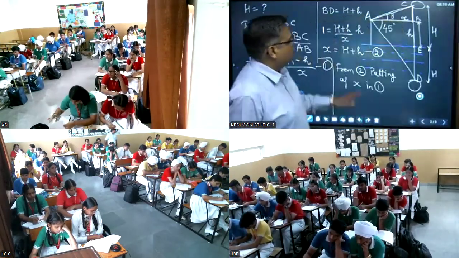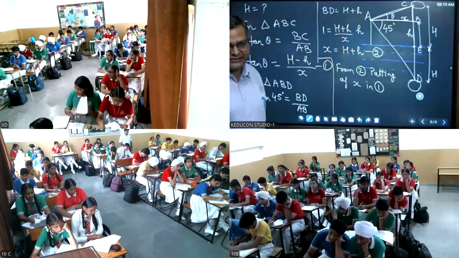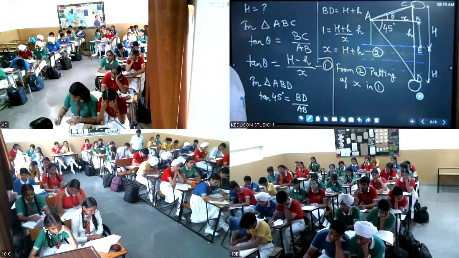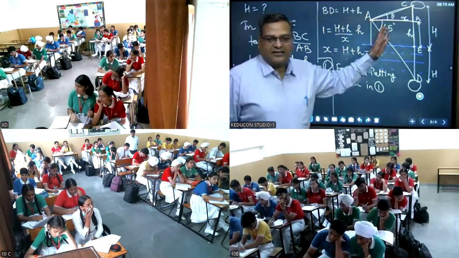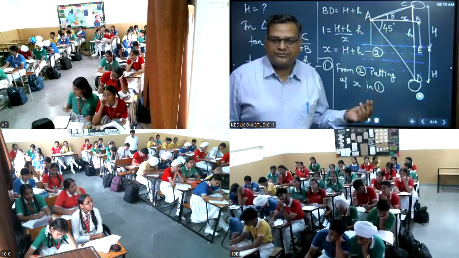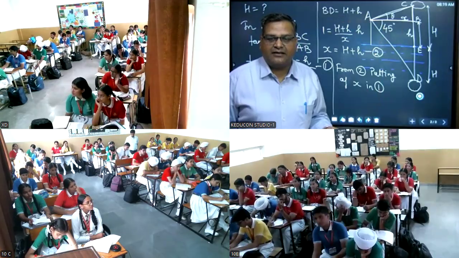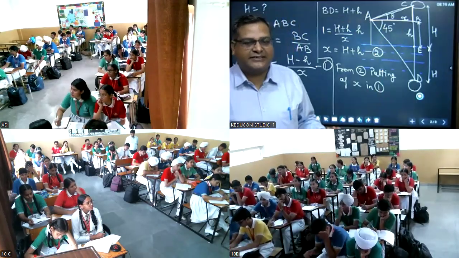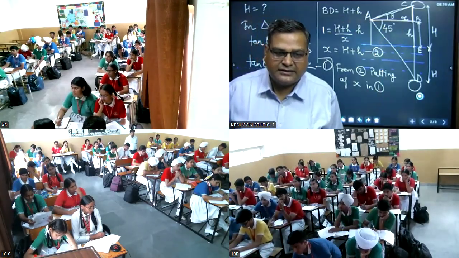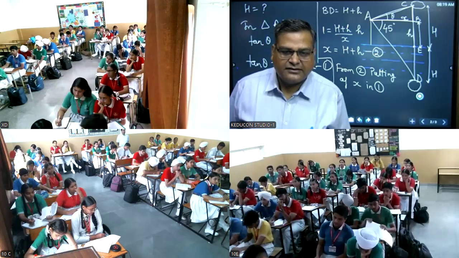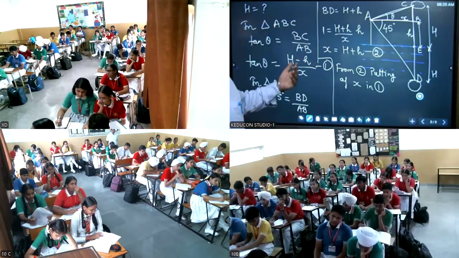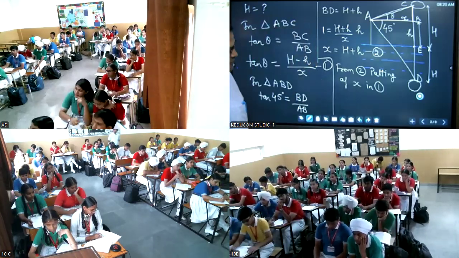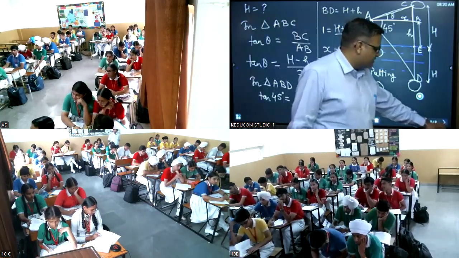So diagram is the most important thing in this. In place of variables, there may be some numbers also. Let's say it is given theta, so theta can be given 30 degree, 60 degree, something. Right? Is this clear? And h could have been given some value also. So shall we move to the next one, Jim?